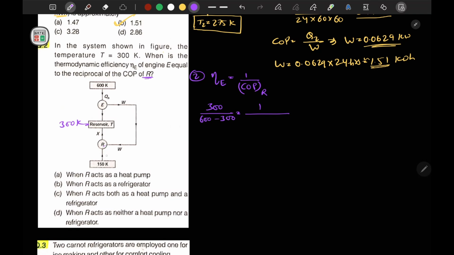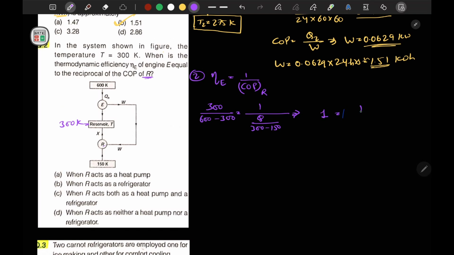We don't know if this R is a refrigerator or a heat engine or heat pump, so let's write the desired effect as Q. Q upon input is our difference of temperature, 300 minus 150. So from here we will get 300 upon 300.